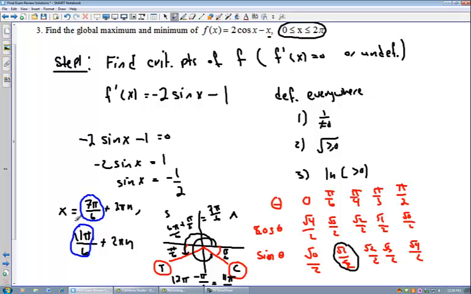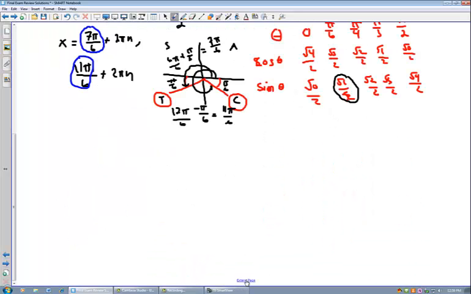And I'm going to make a table as my next step. I want to find the global maximum and global minimum, so let's make a table. It's real simple. My table is my x and then my f of x.